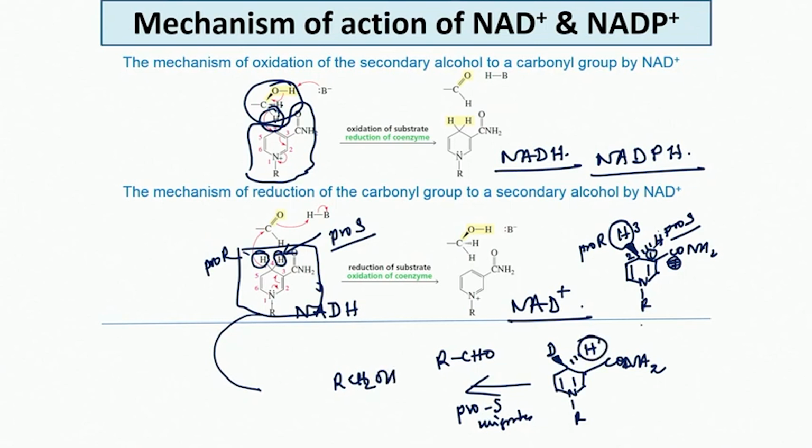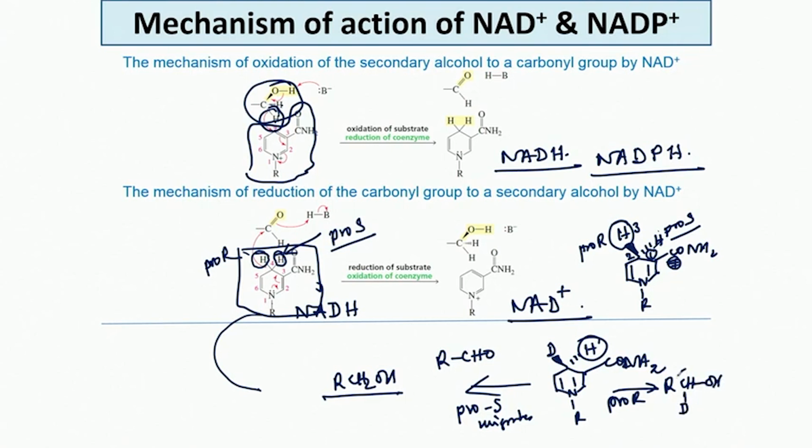The product will be RCH2OH, because the pro S hydrogen is this one, and that is what the enzyme likes to migrate. So, this hydrogen will be taken up and you will get RCH2H. If there is pro R migration, then you will get RCH2OH.